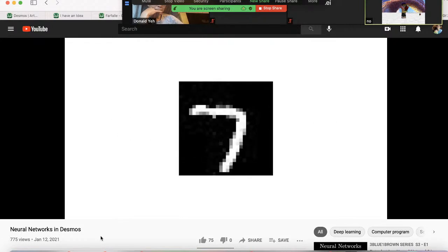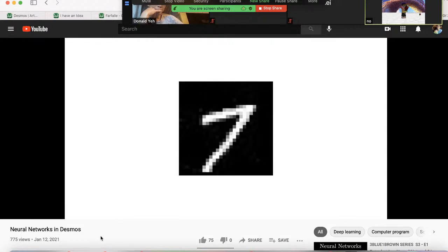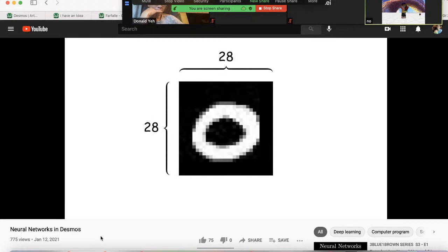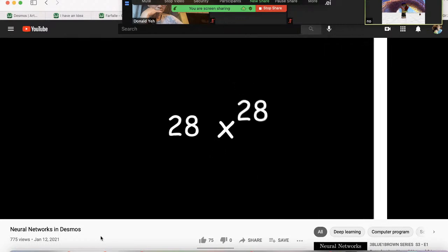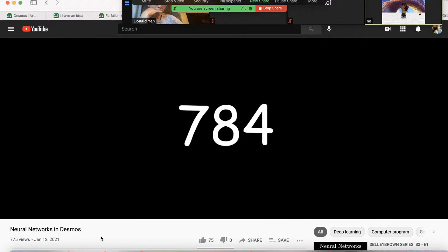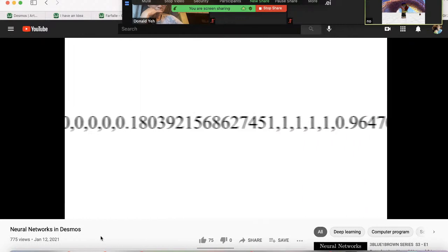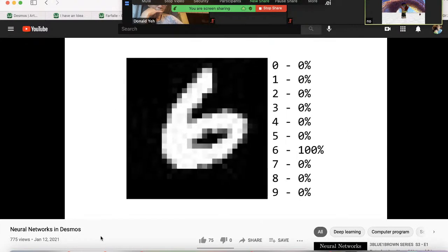The MNIST dataset is a collection of pre-classified grayscale images of handwritten digits normalized to a 28 by 28 pixel boundary. What I want to do is convert these images to an array of 784 inputs with 10 outputs for how sure the network is that the image is any given digit 0 to 9.